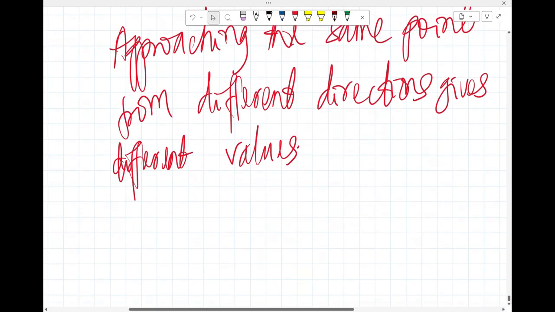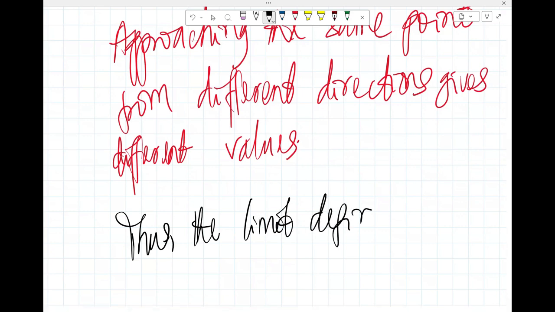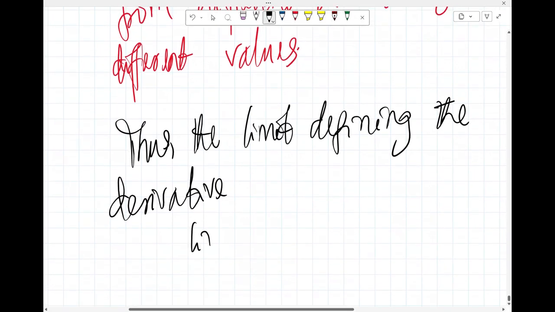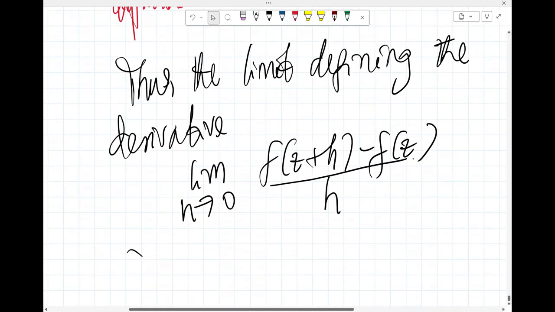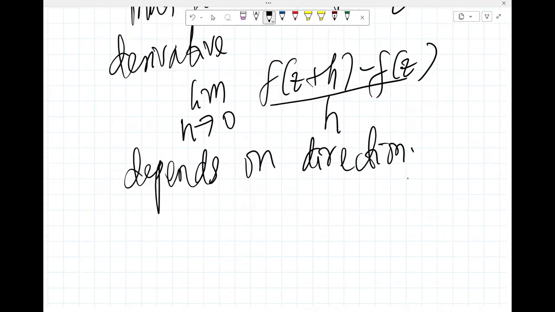Thus the limit defining the derivative, which is the limit as h goes to 0 of f of z plus h minus f of z all over h, depends on direction. So it doesn't give the same result everywhere.